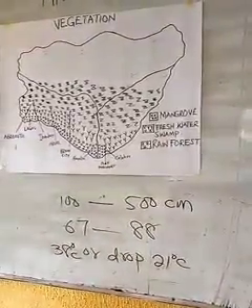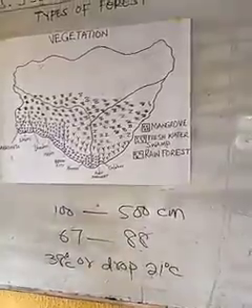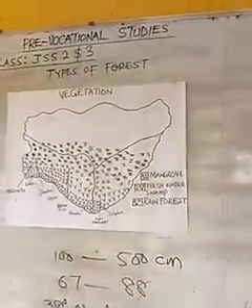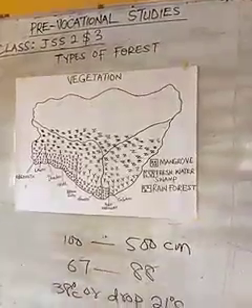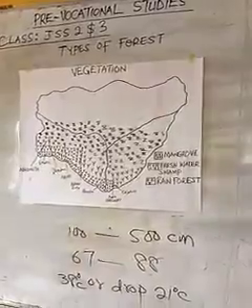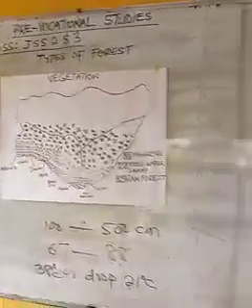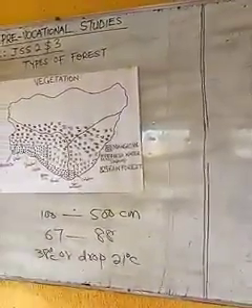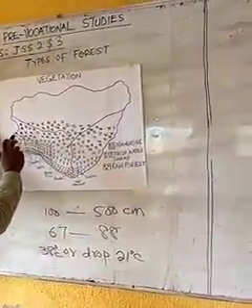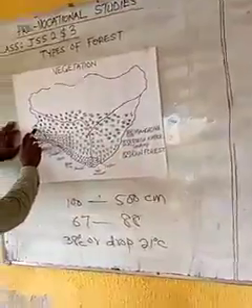And the examples of trees I mentioned in our last class, like Iroko tree, Obeche, mahogany, African walnut, and banana plantation, they are found in this forest, the rainforest.